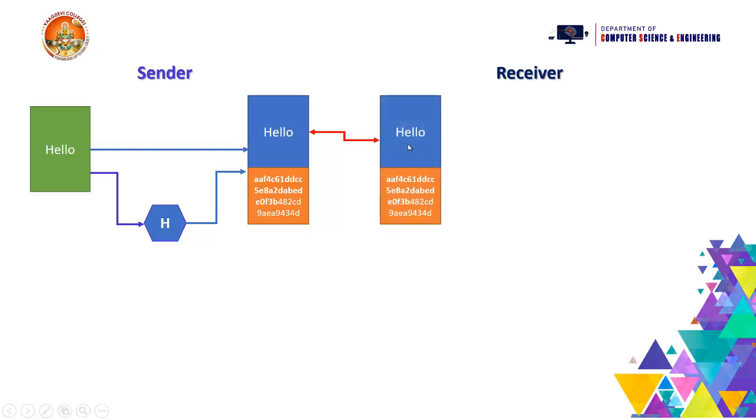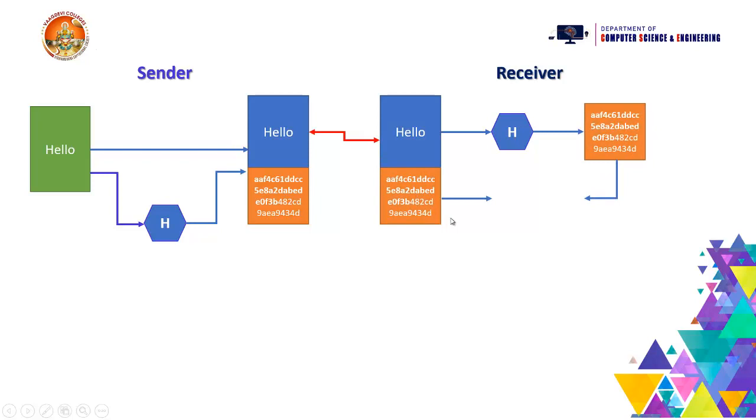The receiver gets the message. That message contains the message along with the hash code. On the receiver side, the receiver takes only the message and supplies it to the same hash function. It will generate a hash value. The generated hash value and the received hash value are compared.